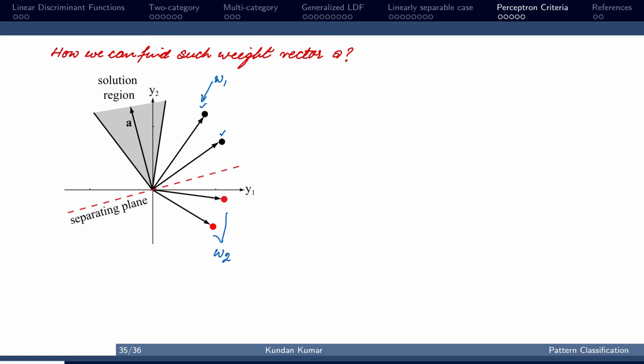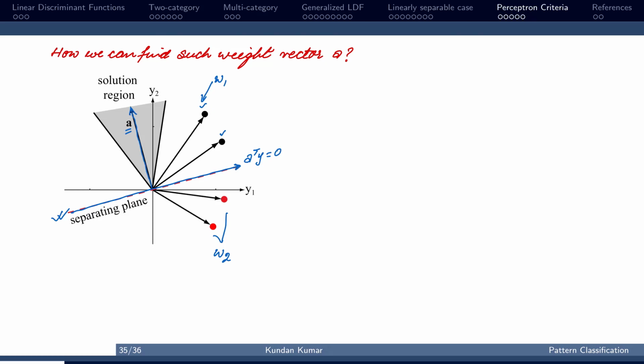Okay, and this is the decision boundary which separates these feature vectors belonging to two different classes. So this is basically A transpose y equal to 0, and the vector perpendicular to this separating plane is the A vector.